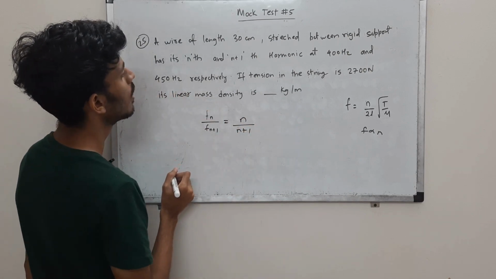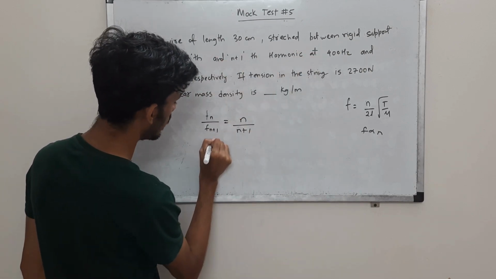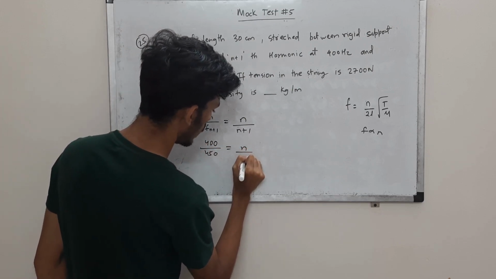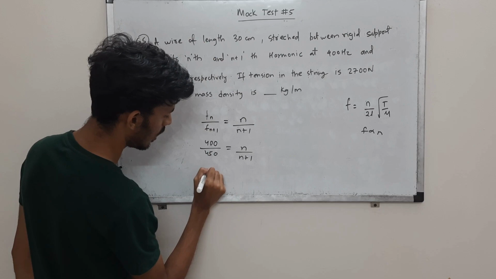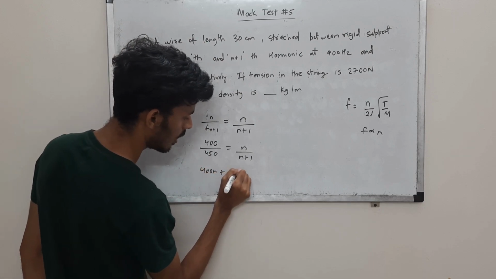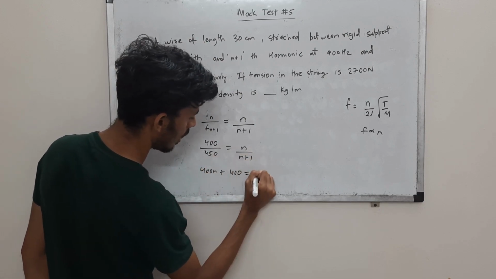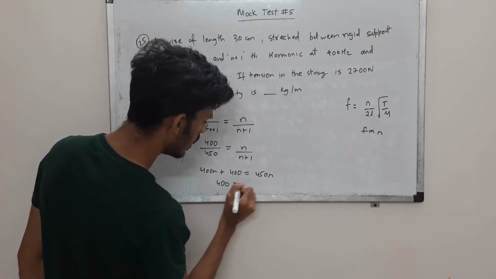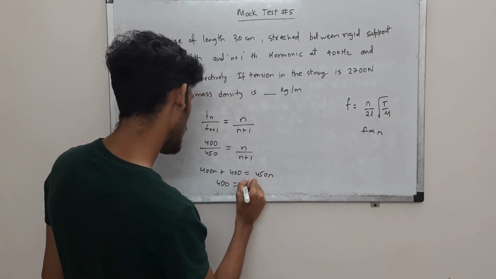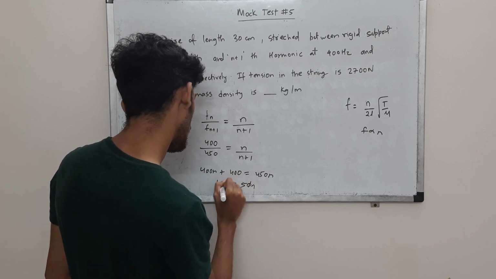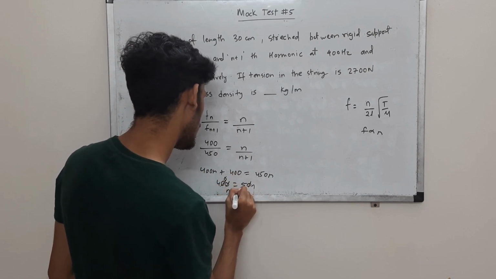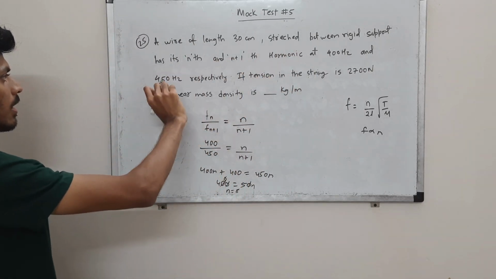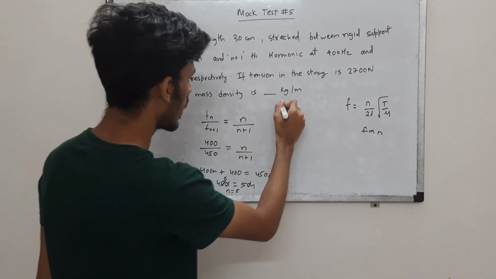Here Fn is 400, this is 450, and we have n upon n plus 1. So 400 n plus 400 equals 450 n. So 400 will be equal to 50 n, 5 8s are 40, right? So n is nothing but 8. So the 8th harmonic is 400 and the 9th harmonic is 450.